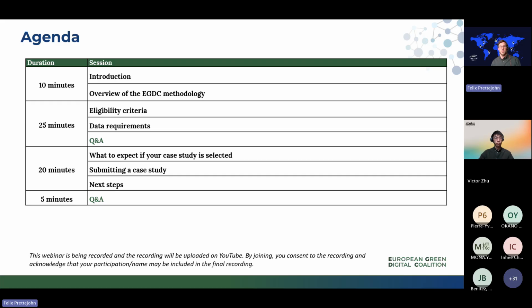So taking you through the submission process and giving you some guidance for that process, and then looking at next steps, which will include a timeline for when we'll be delivering the case studies, because it's a 2-year project. And then we'll have another Q&A at the end, just to give you 2 opportunities to ask any questions you might have.